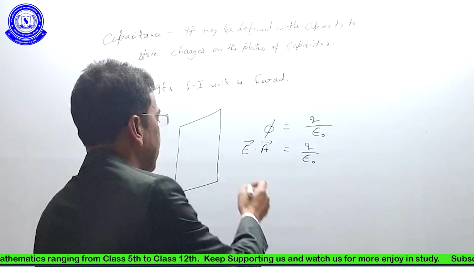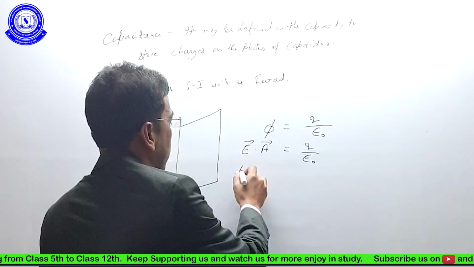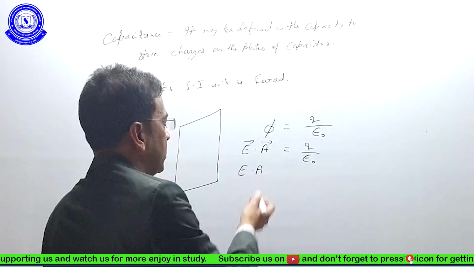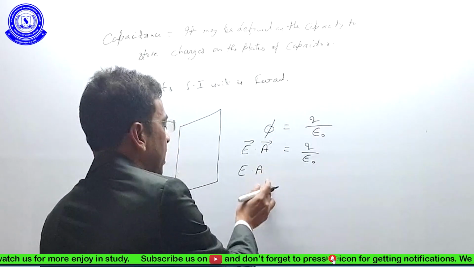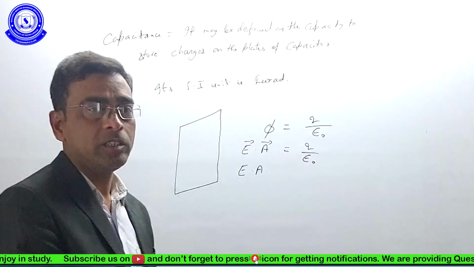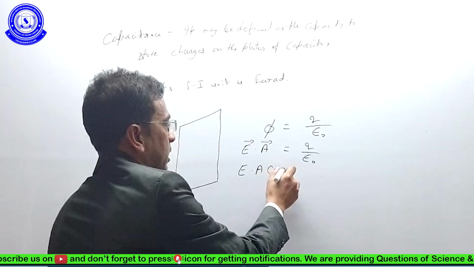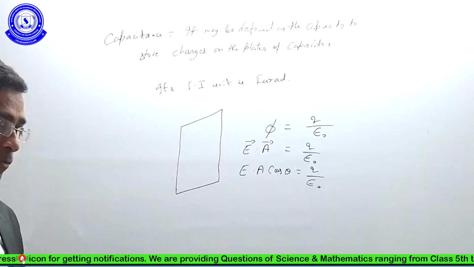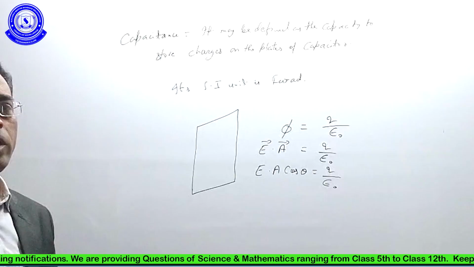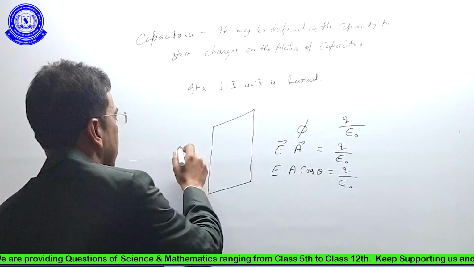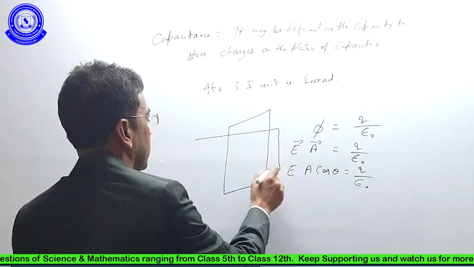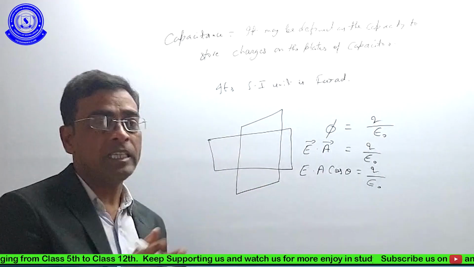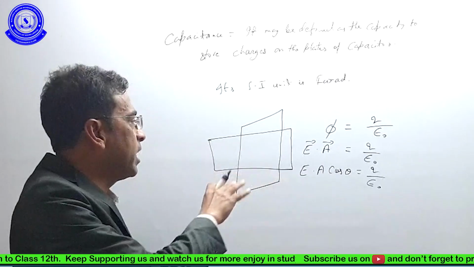We can also rewrite it for the magnitude as E multiplied by A, that is the normal area, and the angle between the electric field and the normal to the area, that is cos theta. For Gauss theorem, we have to draw the surrounding surface for this plate and the charge Q inside the plate.